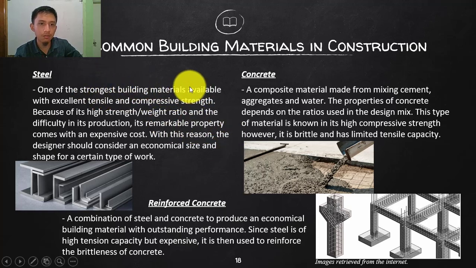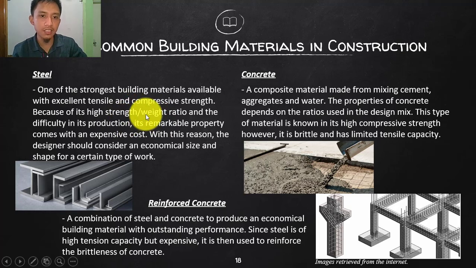It is a remarkable strength in tensile and compressive strength. So that is the challenge in steel, that the production is a little bit difficult, and this is an advantage. The strength to weight ratio is very good, excellent.